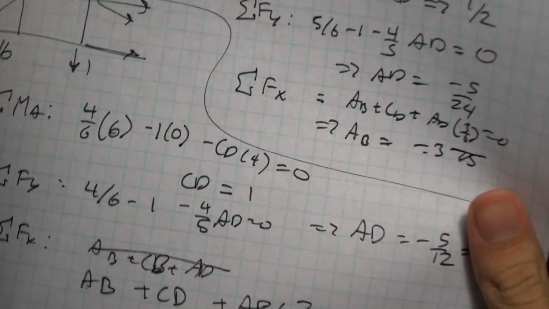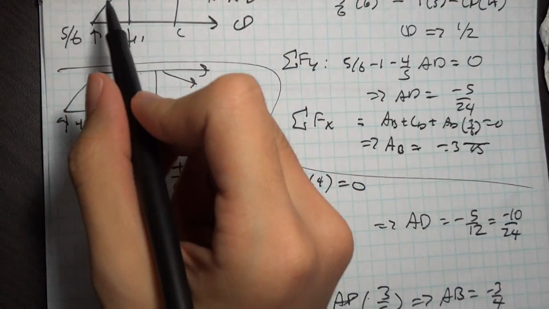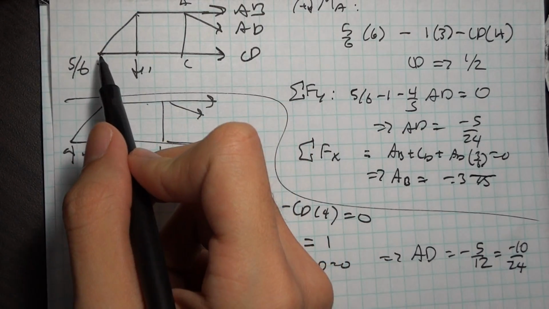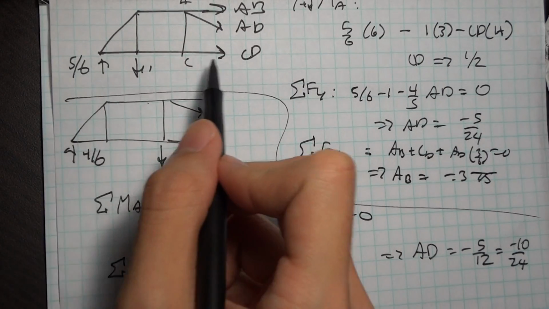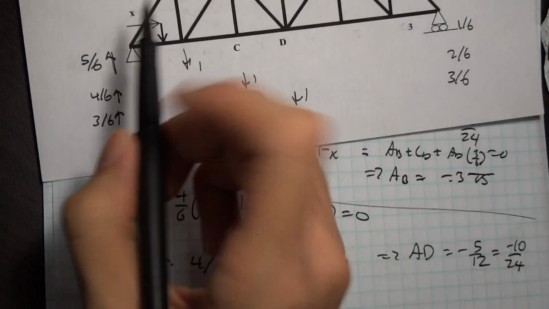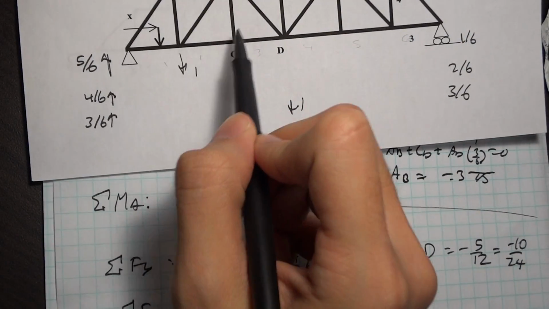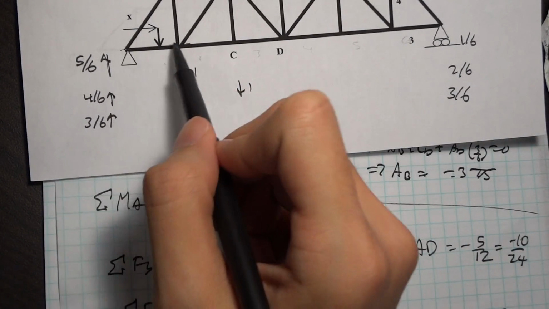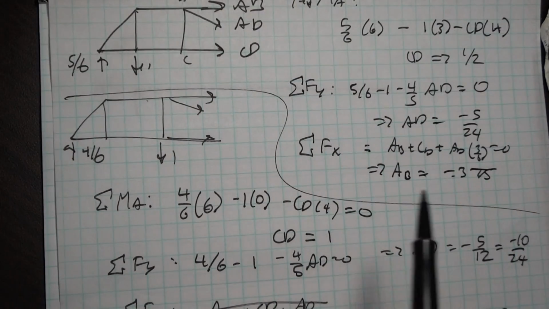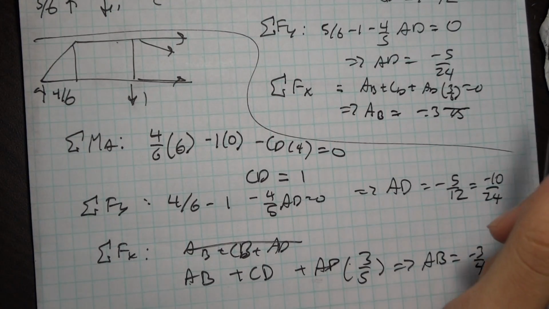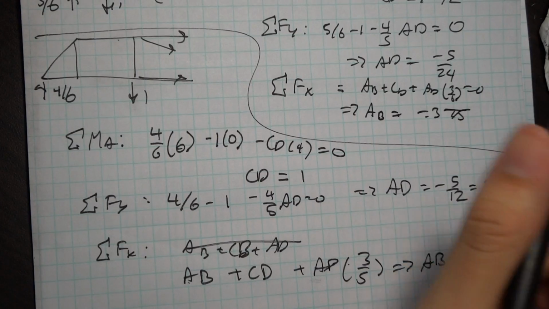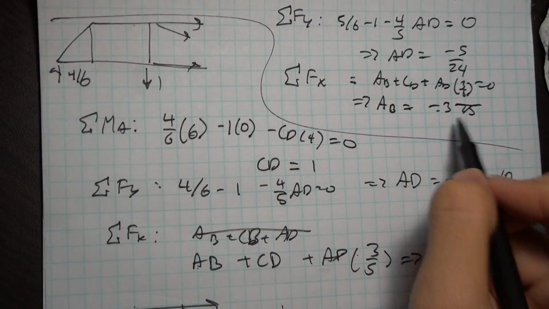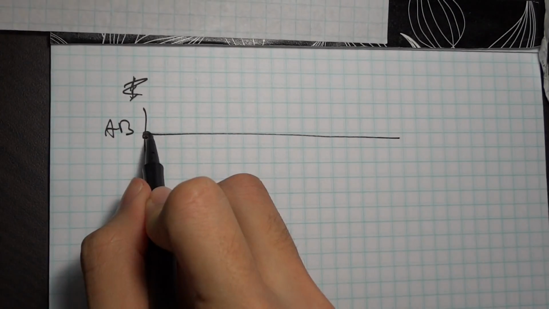When I move my force over by one bay, well, bay is not a good word. There are names for each one of these sections. You go from here to here to here to here to here. The force in AB is going to be negative 0.375. So I just graph that here.